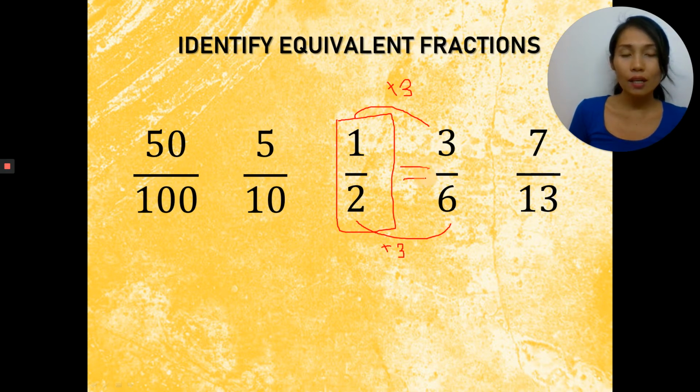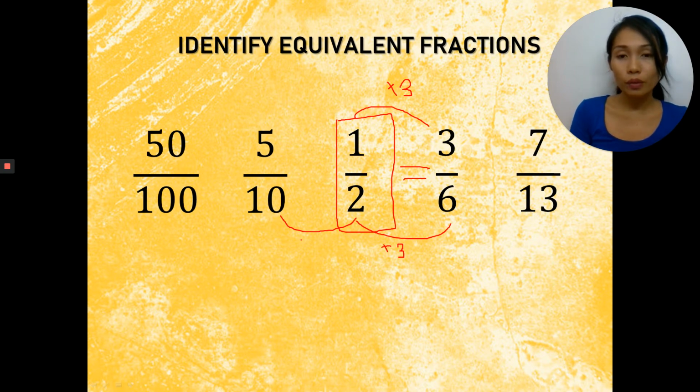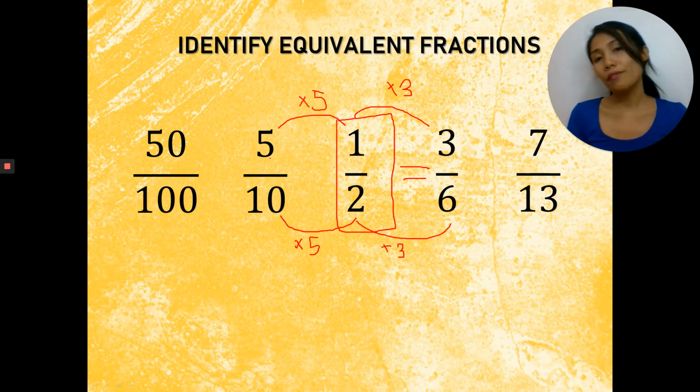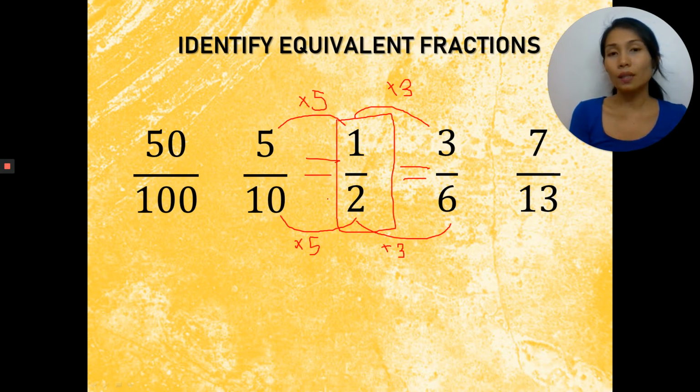So they are correct. Now how about here? 2 times what factor? 2 times 5 equals 10, and 1 times 5 equals 5. Or even if you divide, 5 divided by 5 equals 1, 10 divided by 5 equals 2. So that means they are equal.